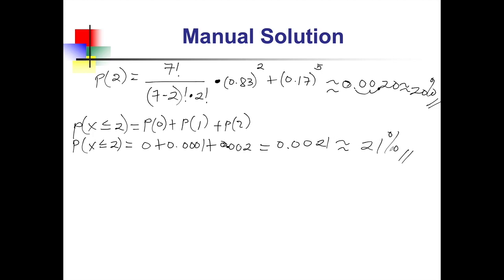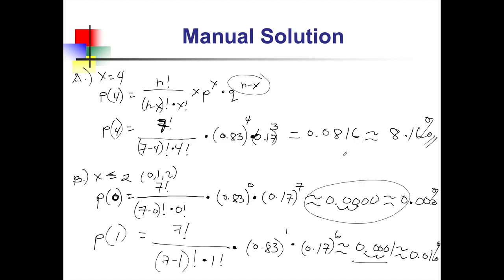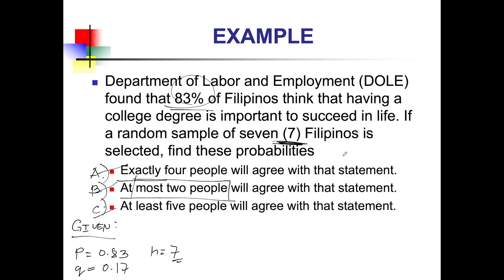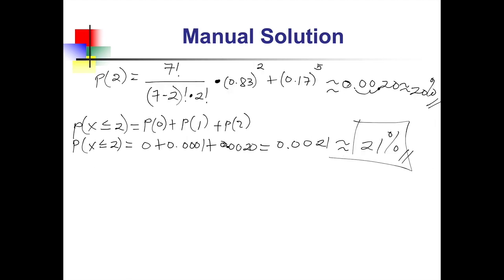So, 23% or sa atin, since naka-round off tayo sa 4 decimal, 21%. Ibig pong sabihin, kapag ang condition B, tinatanong natin kung ilang percentage yung probability na pinakamarami na yung dalawang tao ang mag-agree with this statement, that is equivalent to 21%. Ayan. So, sana nakuha ninyo.